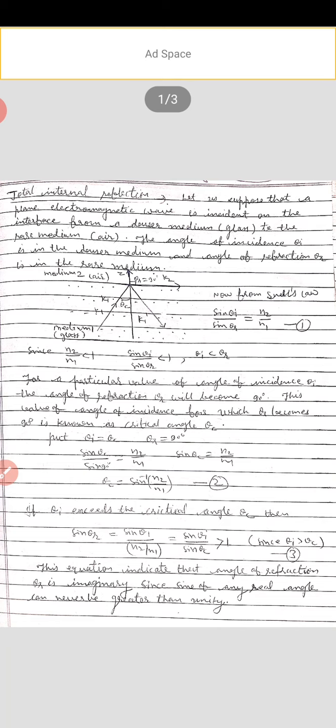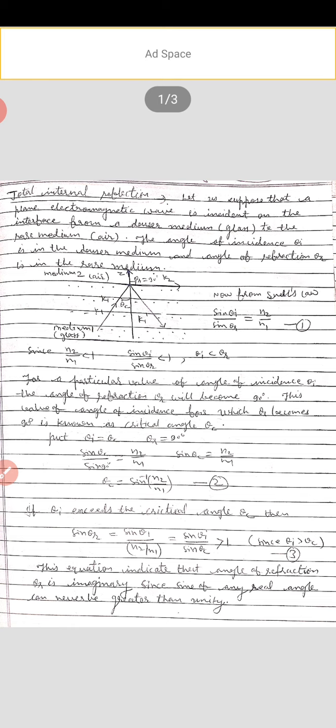On putting the values theta I equal to theta C and theta R equal to 90 degrees in Snell's law, sine theta I divided by sine theta R becomes sine theta C divided by sine 90 degrees, and this will be equal to n2 by n1.